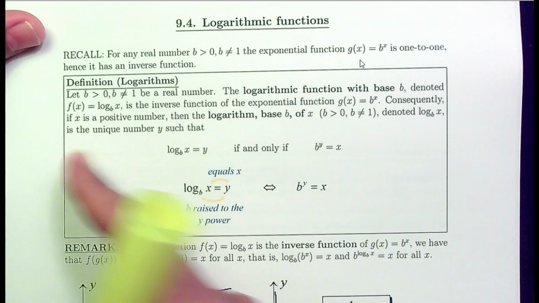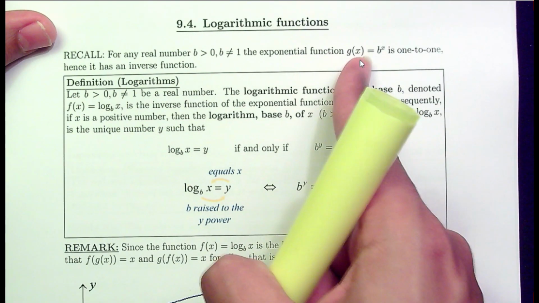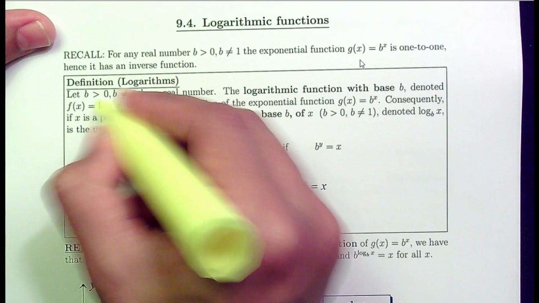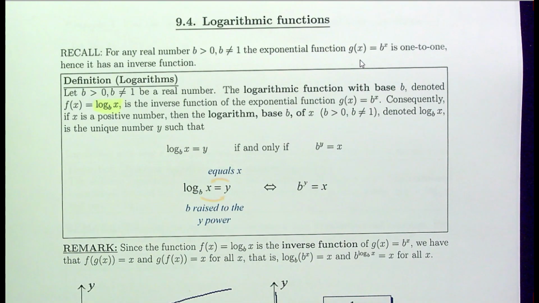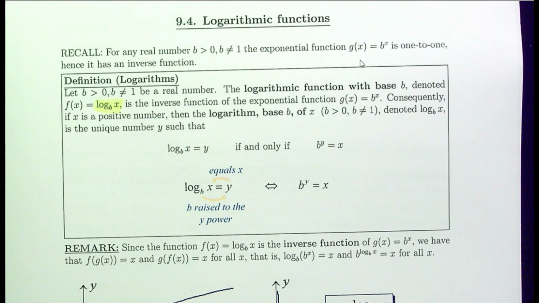Instead of writing f inverse for the inverse function of g, or g inverse for the inverse function of that, we just write log, and then there's a subscript b, x, and you can put parentheses around the x if you want to. That is the notation. It's called the logarithmic function with base b, and again, it's nothing else but just the inverse function of an exponential function. So it's really nothing weird or mysterious. It's just a function that undoes what an exponential function does.